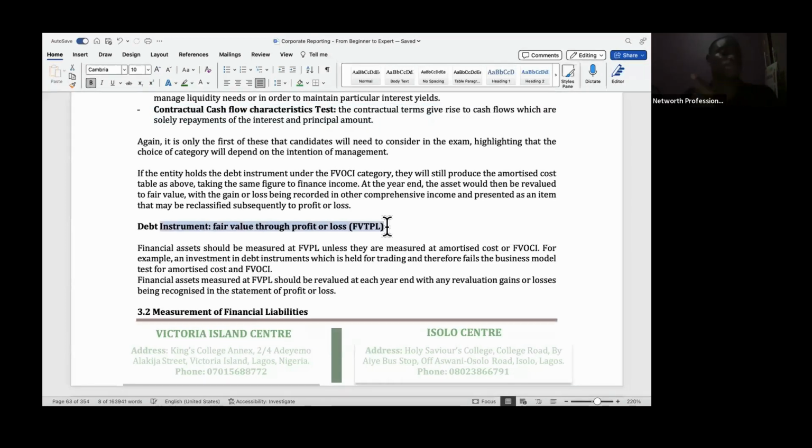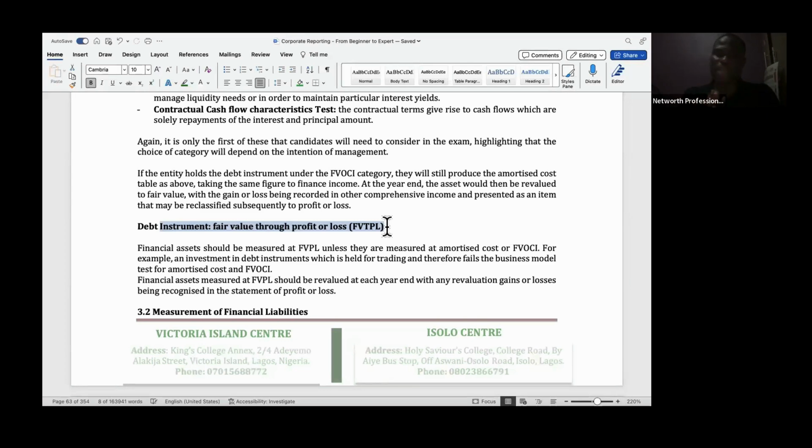And the third classification, which is fair value through P&L, is a default classification. What do I mean by default classification? It means that ordinarily, debt investments should be classified and measured at fair value through P&L.